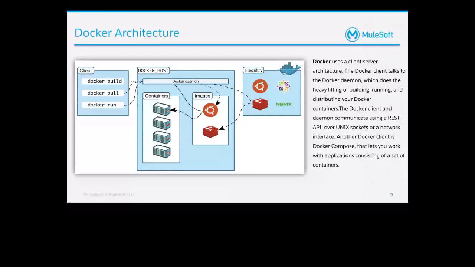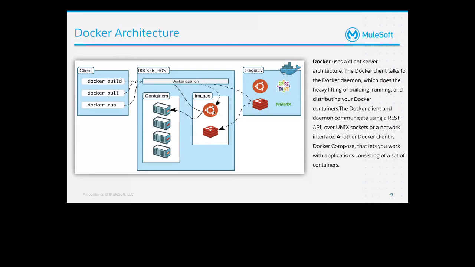Now we come to what a registry is. You have created an image, and you created a Dockerfile, which is a template of instructions on how your runtime or software should be created and packaged. Once you have created the image, you can publish it to a public registry, or to a private registry.